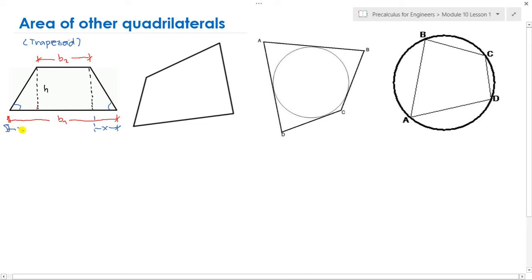So kani siya diri padong diri x ni siya. Okay, so ang base 2, kani si base 2 based on this, diba? Base 2 is kani nga portion. So base 2 is just equal to base 1 minus 2x. Diba? Base 2 is equal to base 1 minus 2x.